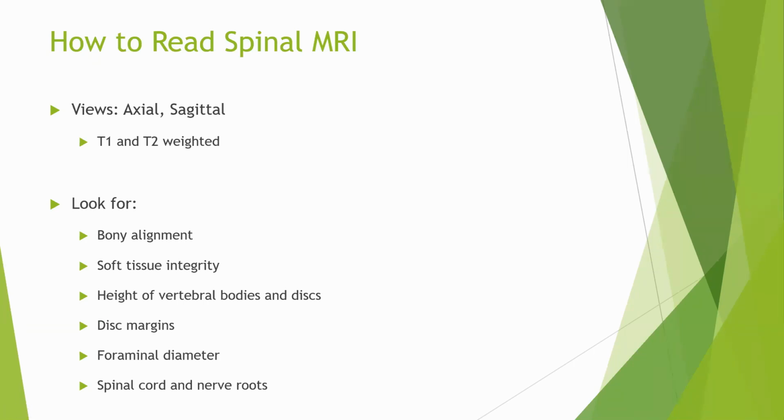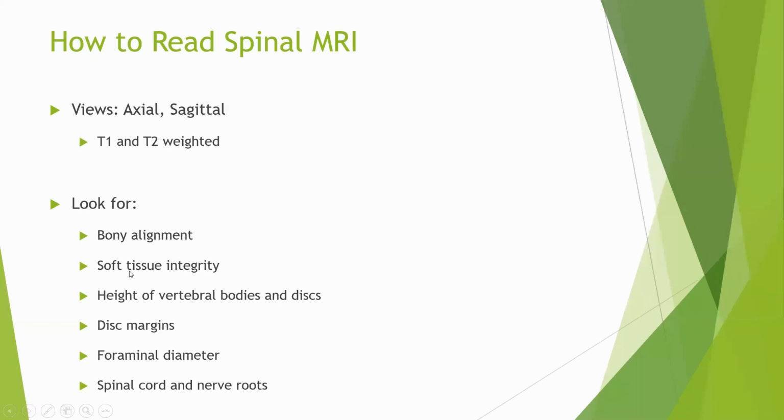First, I will look at the integrity of the disc and the relation of the disc with the spinal cord. These are the two most critical criteria that I will look at first, before checking height of vertebral bodies, height of the disc, foraminal diameter, disc margins, bony alignment, and soft tissue integrity. So this is how my thought process works.